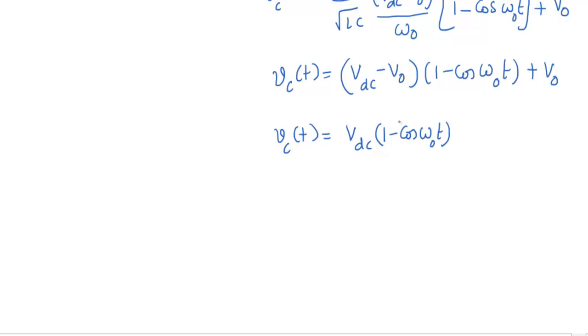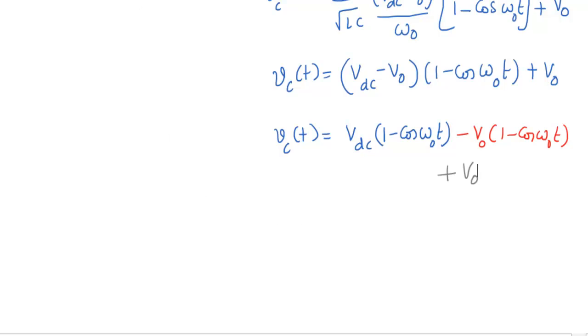That's what this one is. Then we can take the V naught factor. V naught factor is nothing but, you can see, minus is there, minus into this one multiplication. That means minus V naught into 1 minus cos omega naught t. Then you'll have this factor, so that factor you can take as it is, that's nothing but plus V naught.